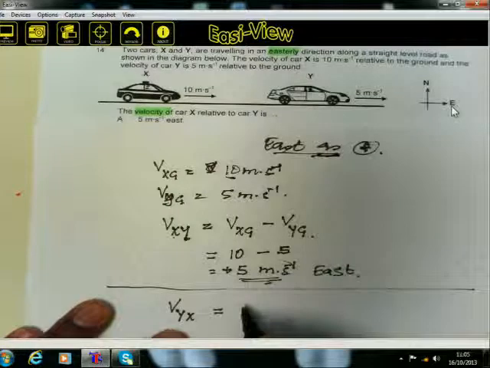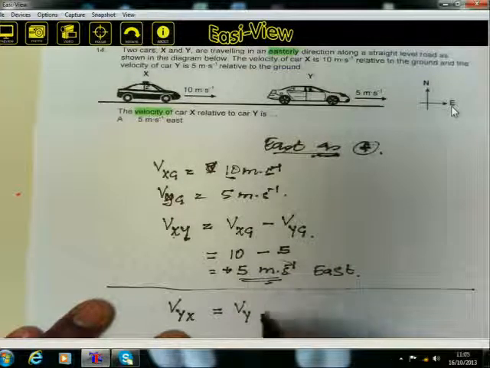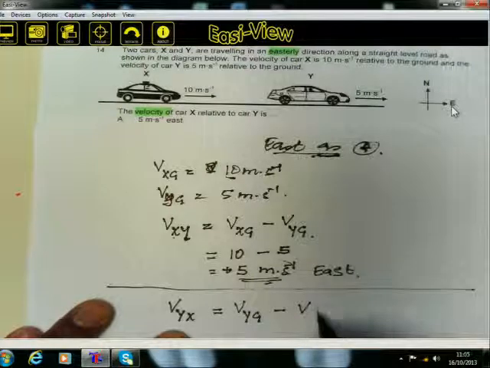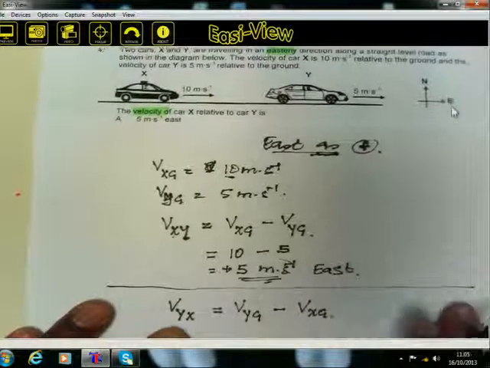Then we would say that the velocity of y relative to x will be given by the velocity of y with respect to the ground minus the velocity of x with respect to the ground.